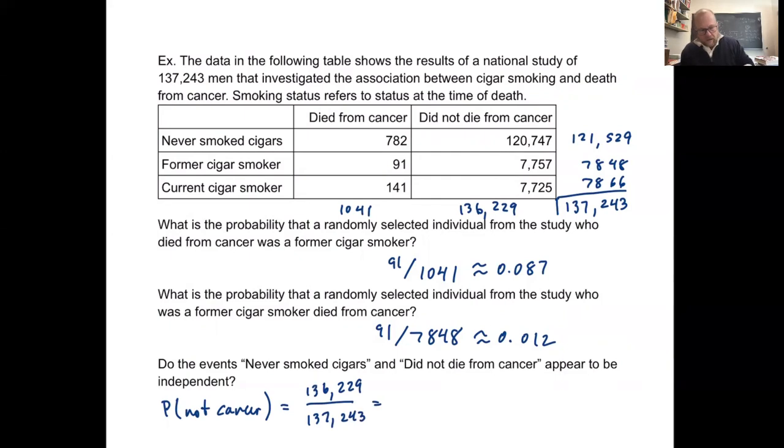Okay, and I will have to get a calculator to do that. And divide 137,243. So we get about 0.993. Okay. And then the probability not cancer given no cigars.